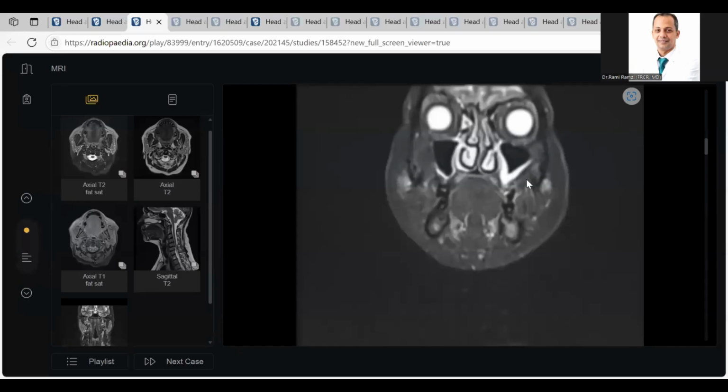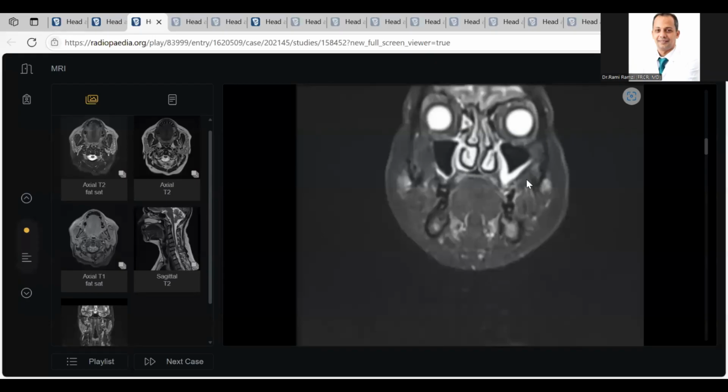My first differential, given bilateral cystic area involvement, is Sjogren syndrome, or Warthin tumors, which can have multiple cysts. There could also be sarcoidosis, but Sjogren syndrome is my first.